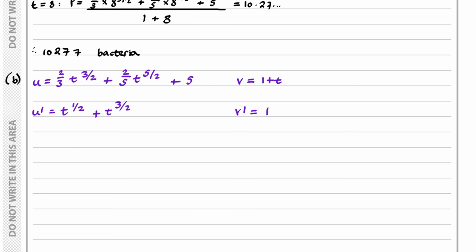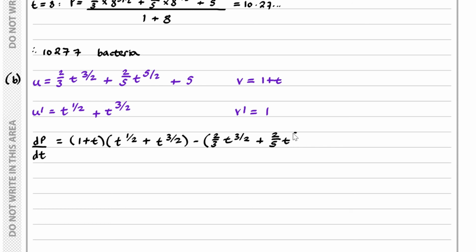And therefore, using the quotient rule, dP divided by dt is equal to V, that's 1 plus T, times U dash, which is T to the 1/2 plus T to the 3/2, minus U, which is 2/3 T to the 3/2 plus 2/5 T to the 5/2 plus 5 times V dash, which is 1, and then we divide this entire result by 1 plus T all squared, in other words V squared.